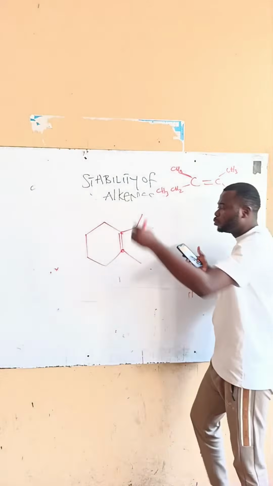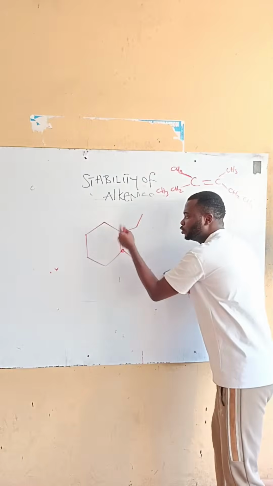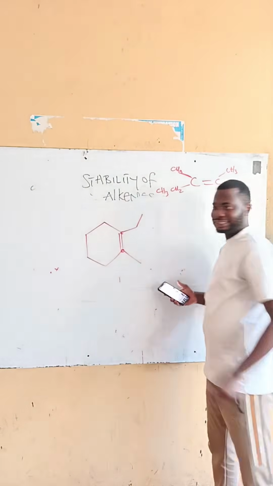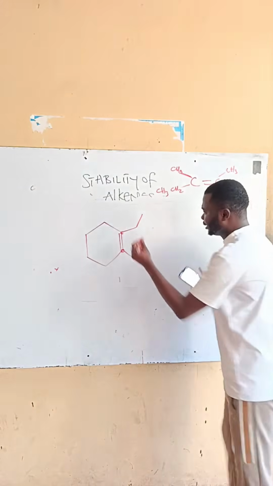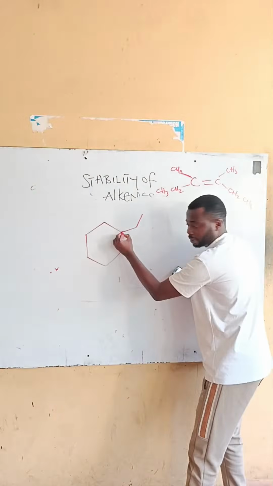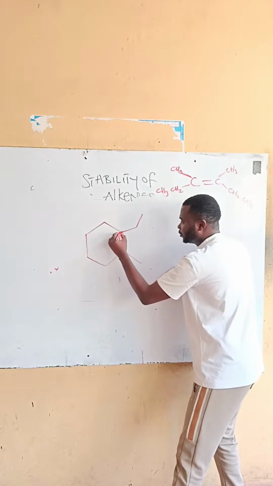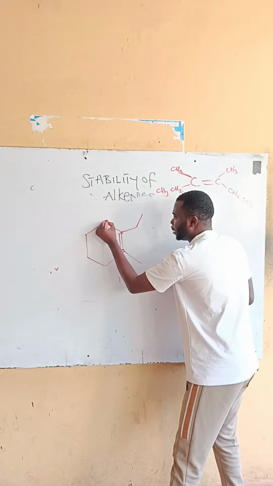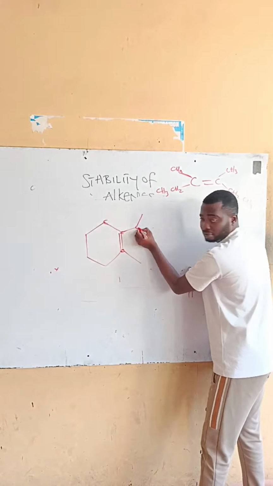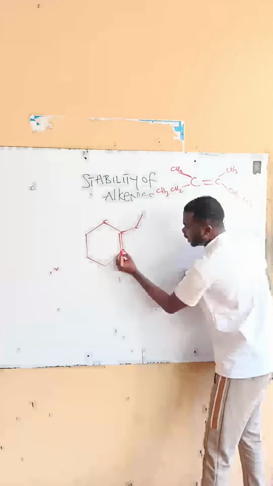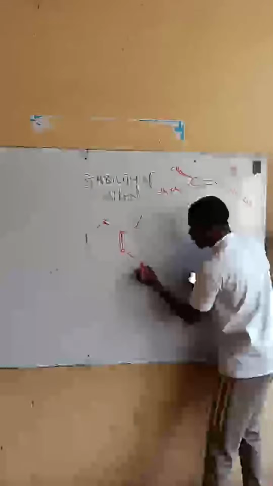Now I want you to determine how many alkyl groups you will count for this compound. This is your C, and this is your other C, right? Now trace it. It's attached to a carbon.